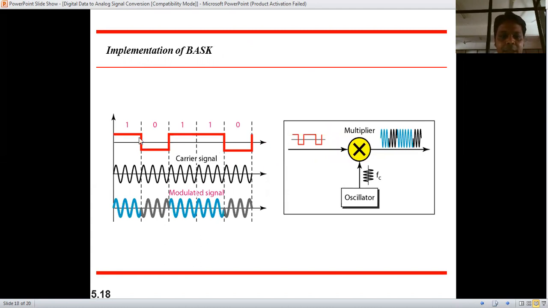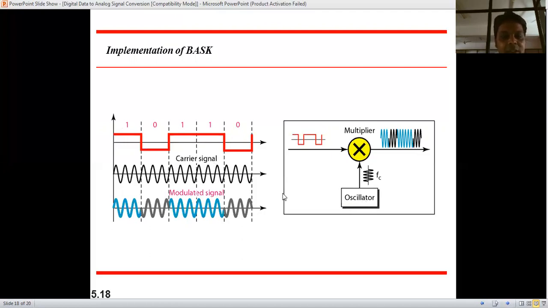So again, here we are using a carrier signal which does not change the amplitude and the frequency of the original digital signal, but it changes the phase of the original digital signal. This original digital signal, which carries the digital data, gets multiplexed using this carrier signal, represented by this oscillator.